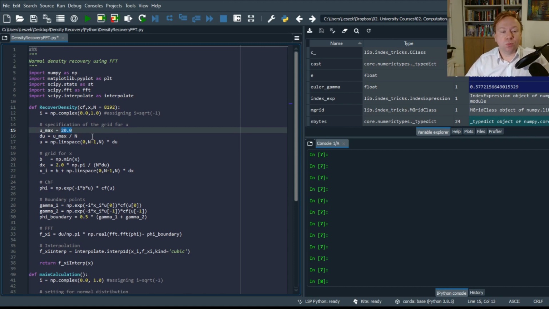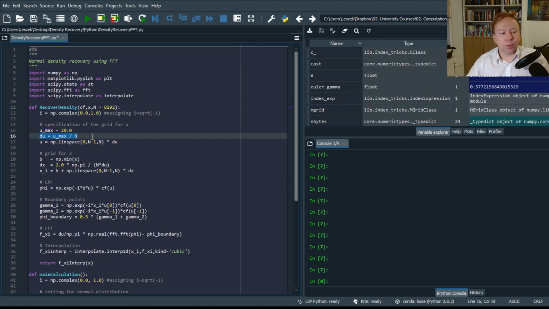The normal distribution converges rather fast. This is one of the parameters that you don't change too often. 20, I think, is typically good. If you have a very peaked distribution, this means that it's not Gaussian, but very much condensed around one point, then this u max will need to be much larger. We have also a du, so the grid size.